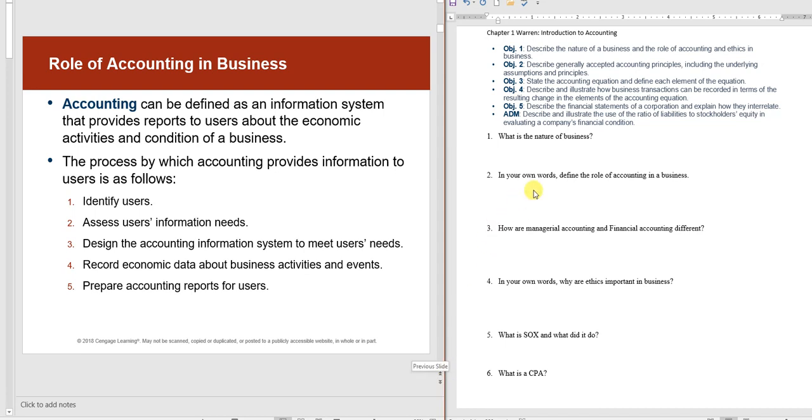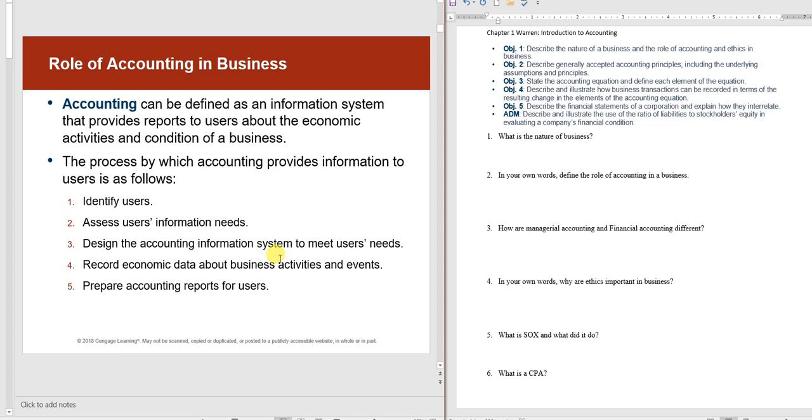So what is accounting? I want you to define this in your own words, the role of accounting in business. So basically, later on in this chapter, we're going to have owners of businesses, but those owners of business can be us, and those owners want to know how we did.